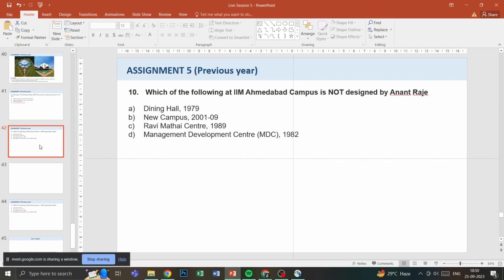Dining Hall, 1979; New Campus, 2001-09; Ravi Mathai Center, 1989; Management Development Center, 1982.